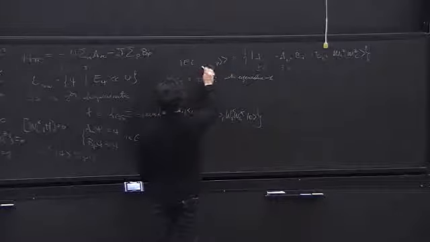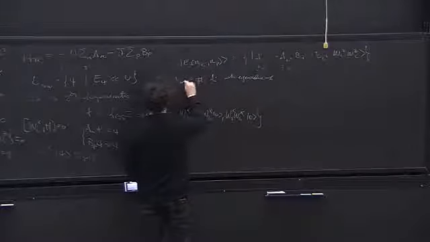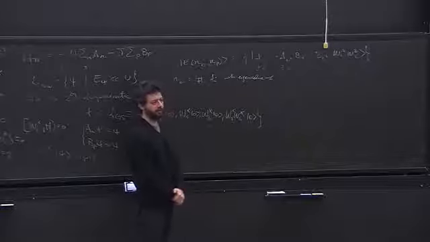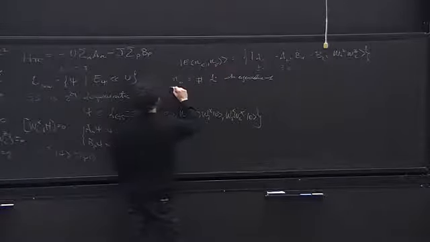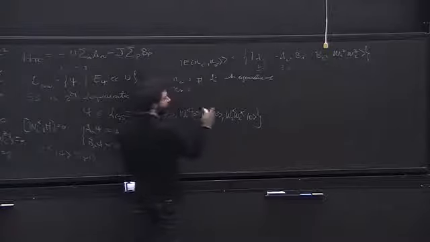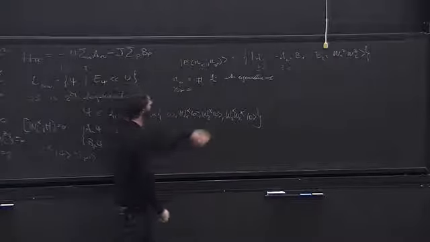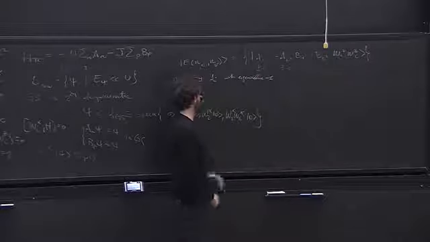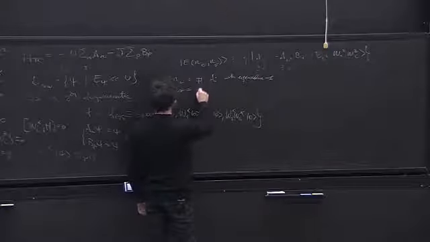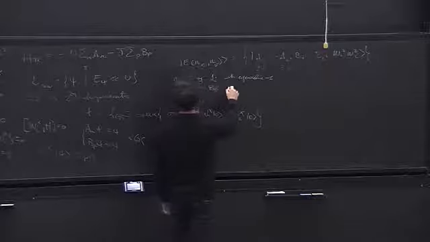Let me use C, sorry. C stands for charges. And this NV stands for vortices. So I will just call charges the excitations of the A operators, and vortices the excitations of the B operators.